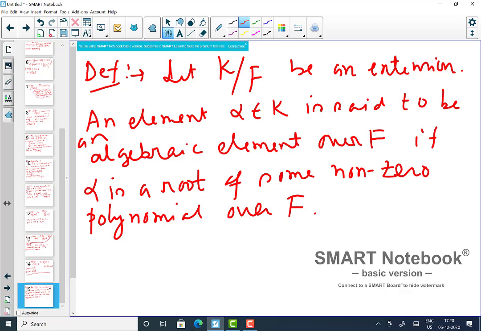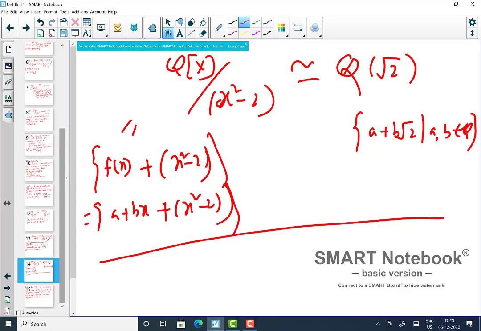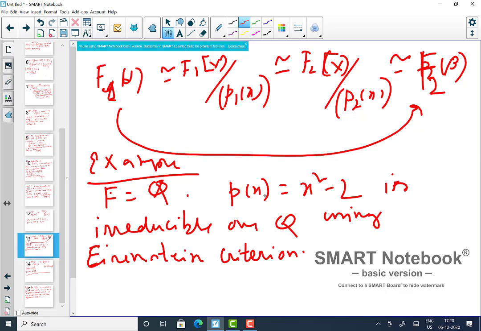For example, in the last example I have given, root 2 is a root of this polynomial over Q, right?